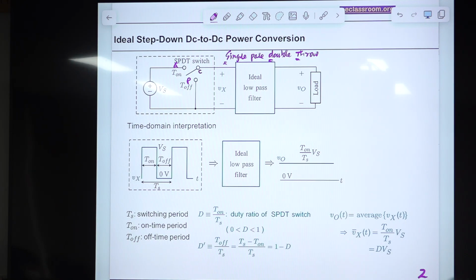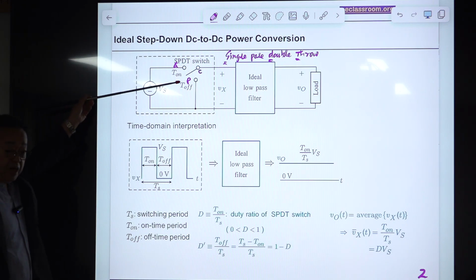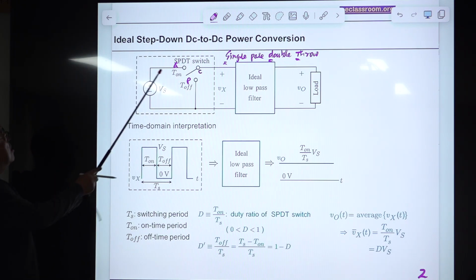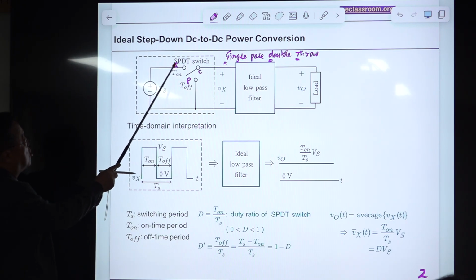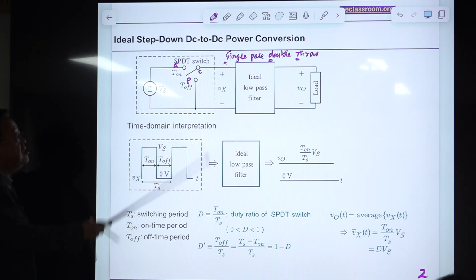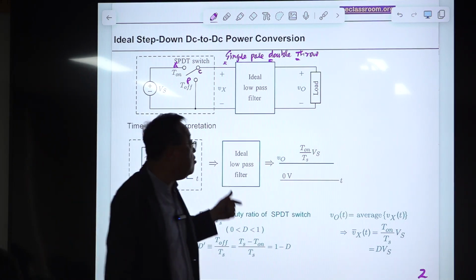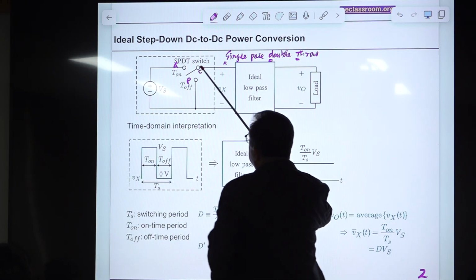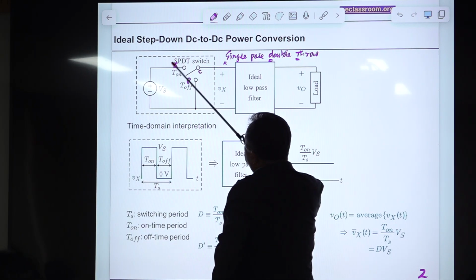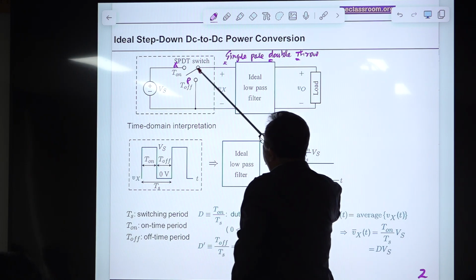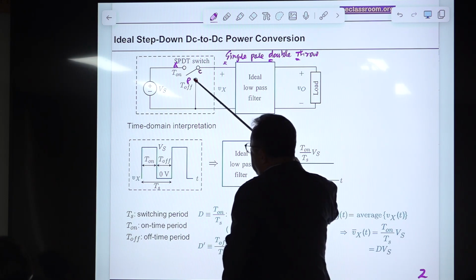A means the active terminal. Later on, you will see the active switch, the MOSFET, is connected here, and P means the passive terminal, where the passive switch, the diode, will be connected. And this is the common terminal, shared by throws A and B.